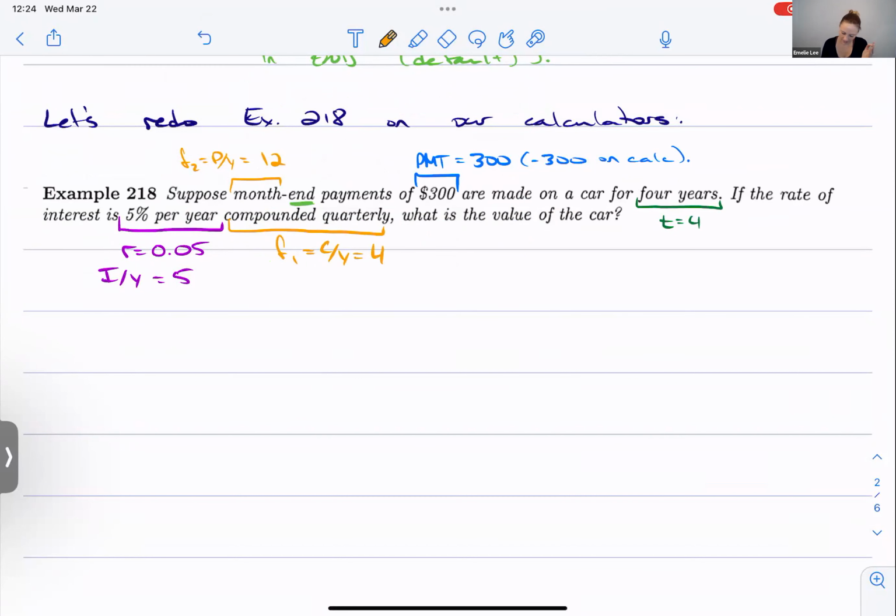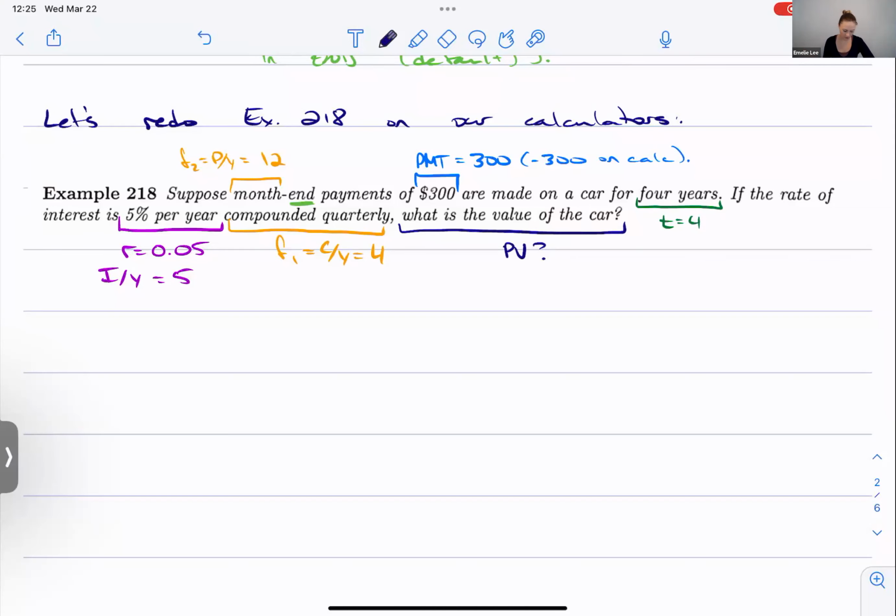What is the value of the car, which means that we want to find the present value. I have received some amount essentially to pay off the car, and then I have to make payments to pay it back. At the end, what should my future value be? It should be 0. I shouldn't owe anything else.